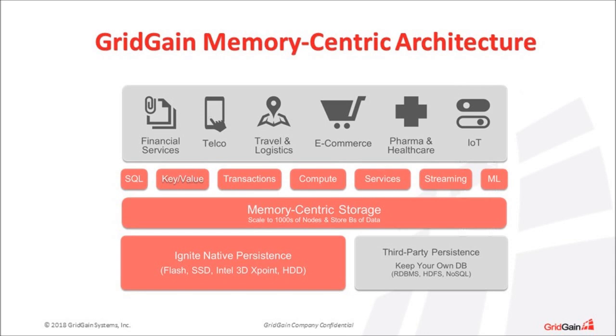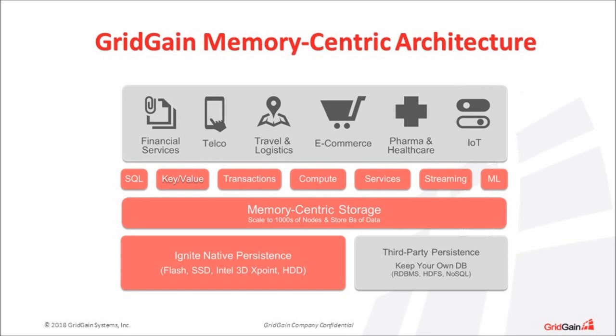Learn how to scale your database. Learn how to compute in a distributed fashion on top of your database. And then maybe after that, you would say, why do I really need this database? I'm doing all the logic in a distributed fashion already, and maybe you're going to start phasing out your database at that time. And that's why it's important that native persistence is supported by the system.